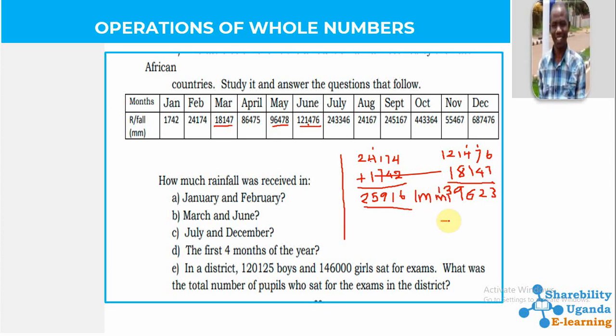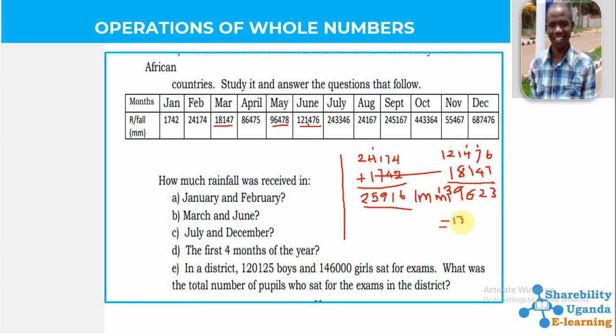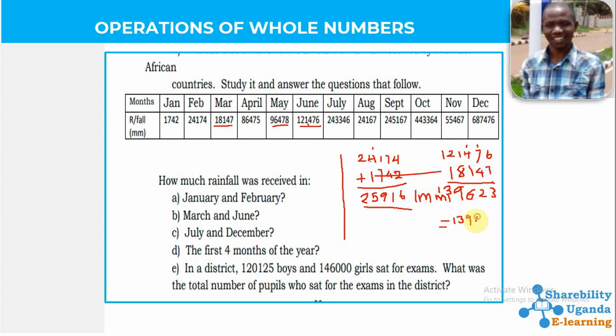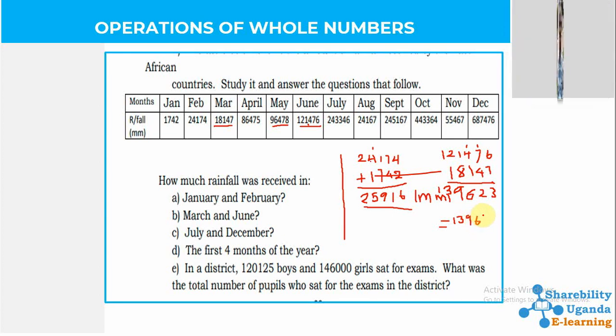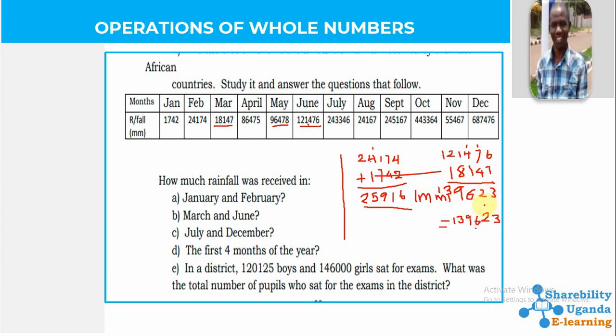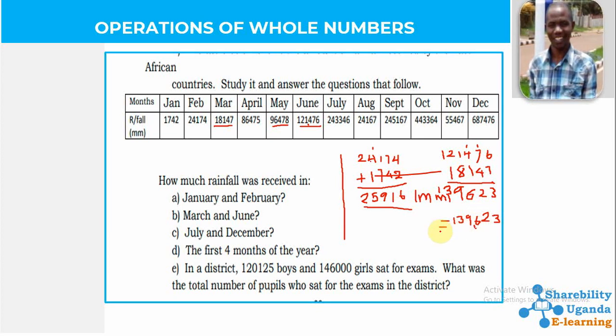So we can see that our answer is going to be 13, 9, 6, then 2 and 3. Okay, we have this. Alright, so you can see our total rain received in millimeters.